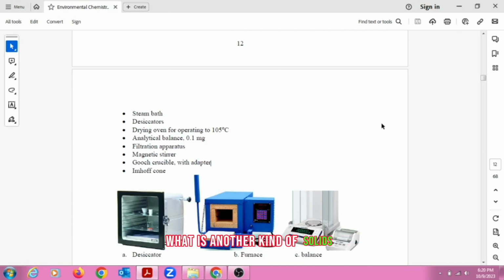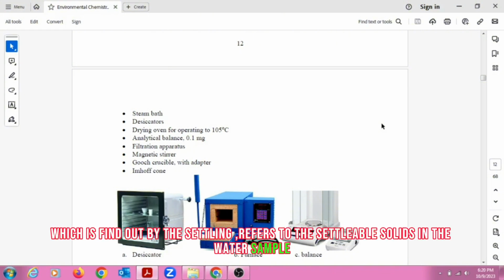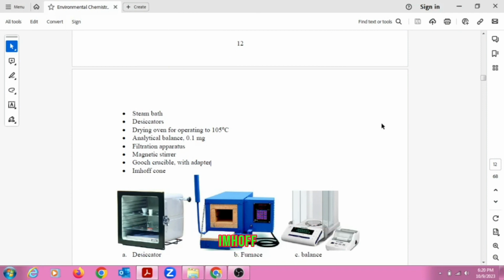This is another kind of solids, which is found out by settling. It refers to the settleable solids in the water sample which settle in an Imhoff cone. You can either use an Imhoff cone, or any graduated cylinder that can hold around 1 liter of the water sample.